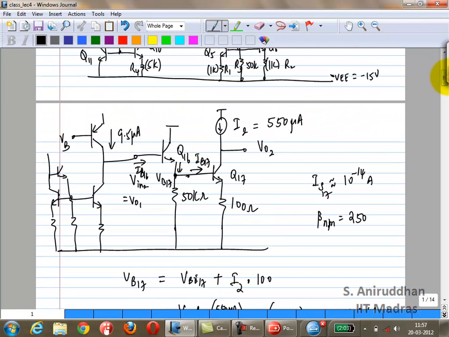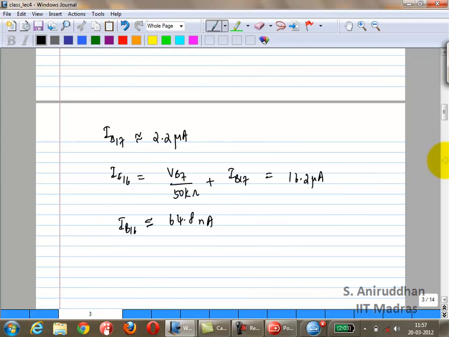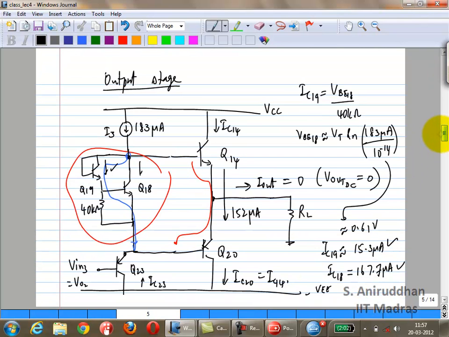This is the second stage, right? This is the third stage, right? You have three stages. If you needed to compensate this op-amp, where would you put the compensation capacitance? Second stage.